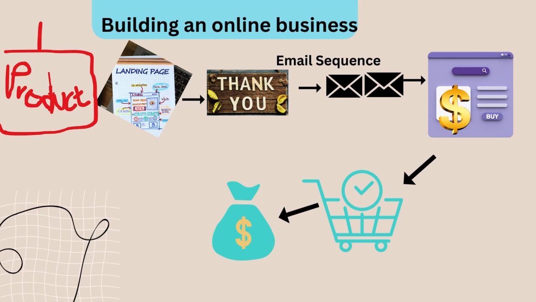And so you need to take these steps so that you set it up and it works for you without you having to do everything about it every day. All you just need to do is go out there, campaign, promote, and the rest is done for you by this system. Okay, so you need to have a product, whether it's yours or not, but you have a product.